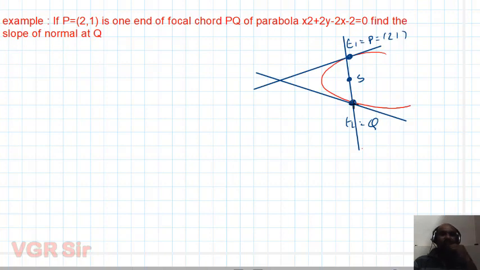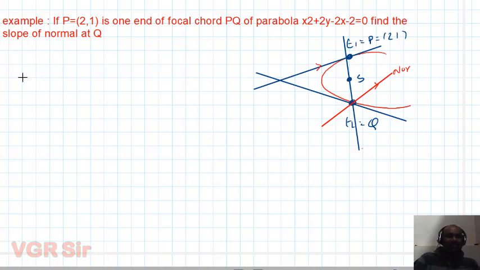Students, now we want to find the slope of the normal drawn through Q. And this is the normal drawn through Q. According to the previous property, the slope of this normal is the same as the slope of this tangent, because these two are parallel. The question is to find the slope of this normal, which is the same as the slope of the tangent at T1.